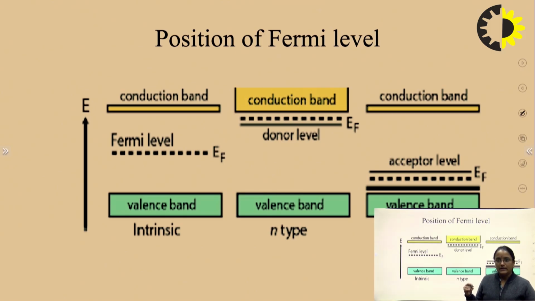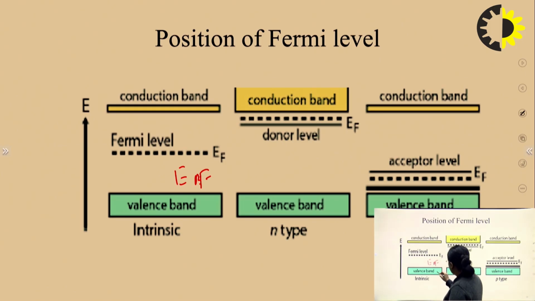So, mathematically we can give the expression of Fermi level also, which can be given by (EC plus EV) by 2. That is a mathematical part I have not discussed in this, that EF can be given as (EC plus EV) by 2. What are EC and EV?